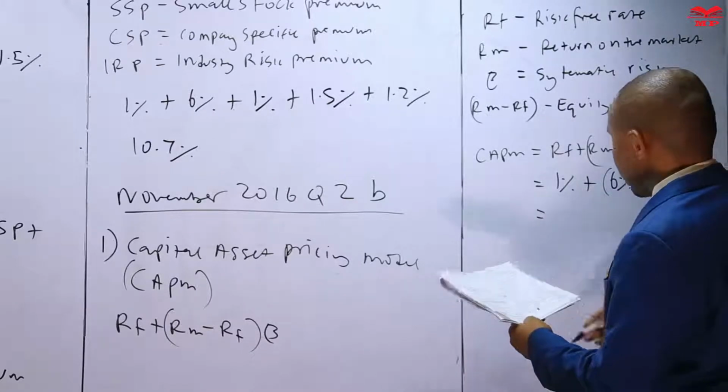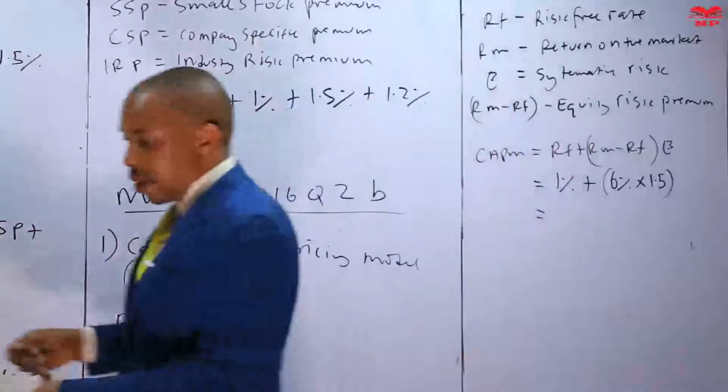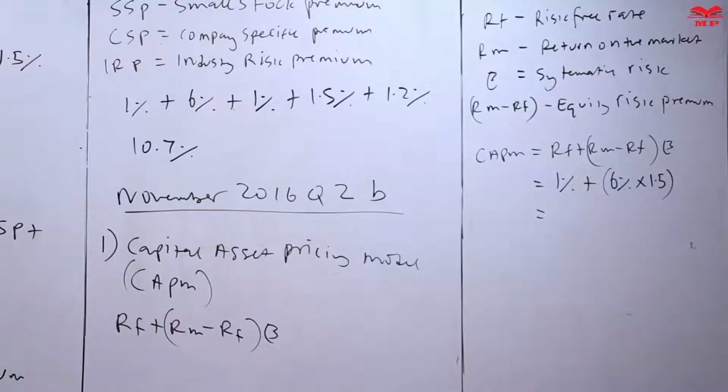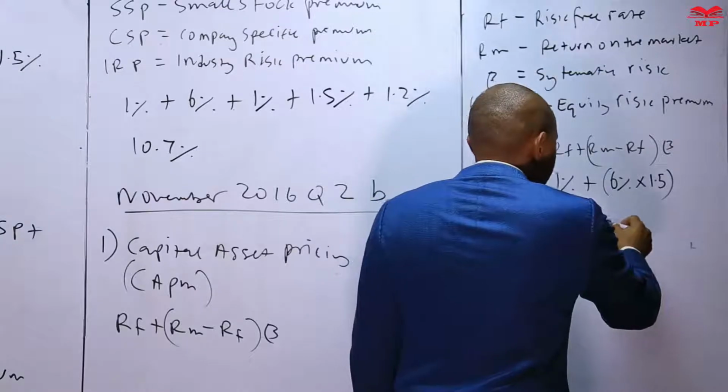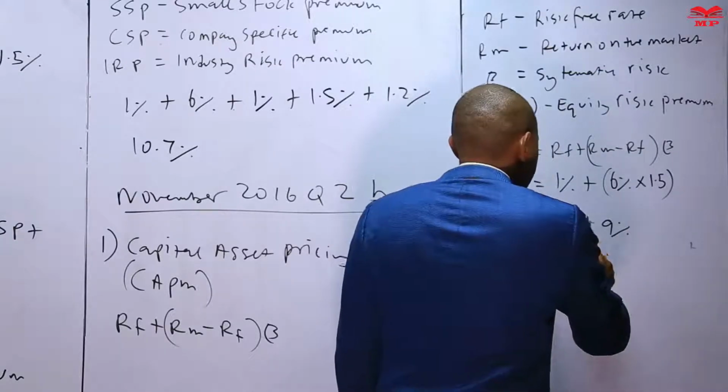So how much is our CAPM value? We have 0.06 times 1.5, which is 0.09. Plus 1%, we're saying is 10%. So that is 10%.